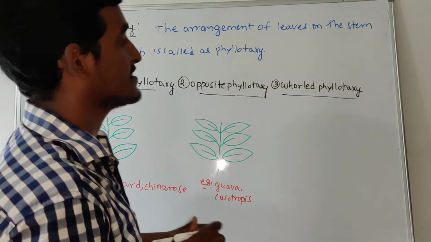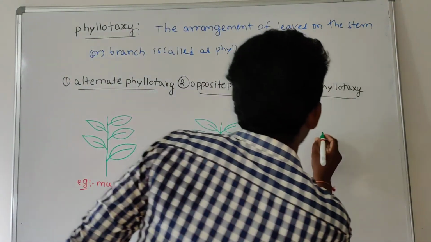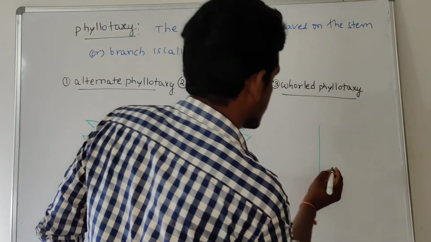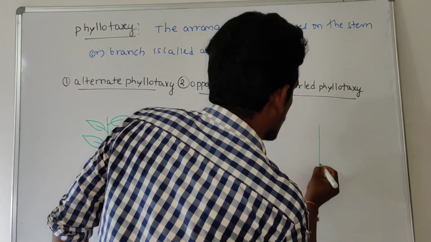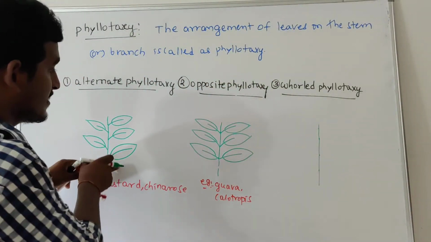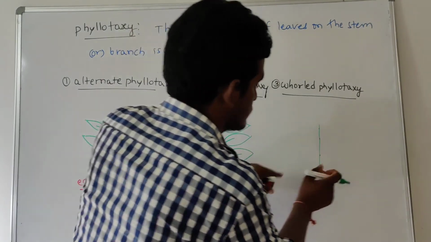So next phyllotaxy is whorled phyllotaxy. In whorled phyllotaxy, it is a stem. Here it has nodes and internodes. At every node, it will produce more than two leaves. Here only one leaf, two leaves in opposite direction, and then more than two leaves.